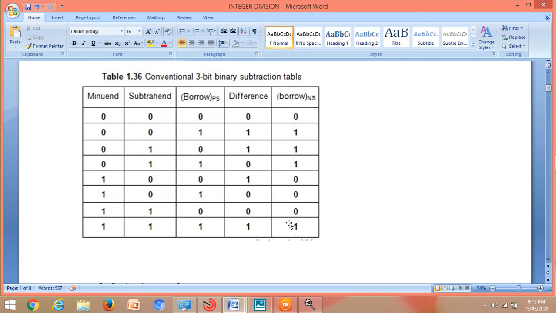Again 0 minus 0, there is no borrow, so the answer will be 0. 1 minus 1 is 0. 0 minus 1 is giving me 1 and 1. Is it clear? First number minus second number minus the borrow. If we go this way, there won't be any confusion in doing the subtraction.